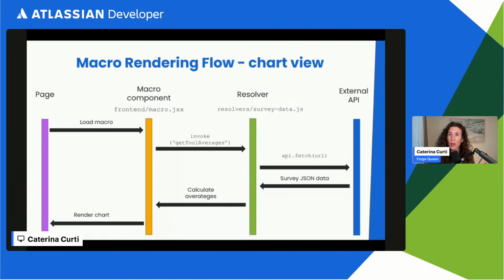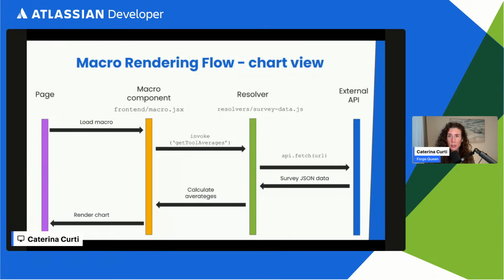So, how is the rendering flow of our chart view in the macro? Right now I'm presenting the chart view, and then I'll point out a couple of the differences when instead we are loading the dynamic table. Our Confluence page is loaded, and that's going to load the macro.